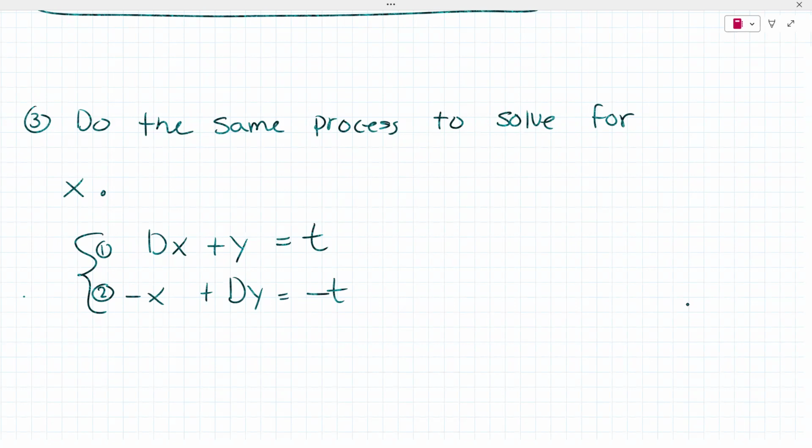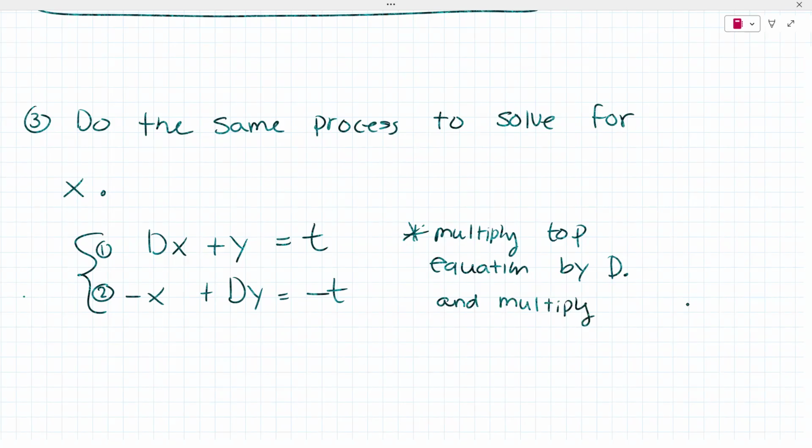So multiply the top equation by d and multiply the second equation by negative 1.